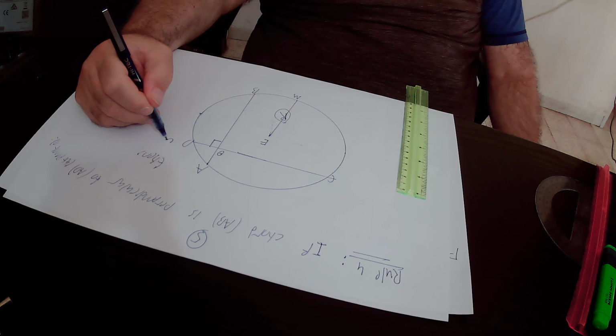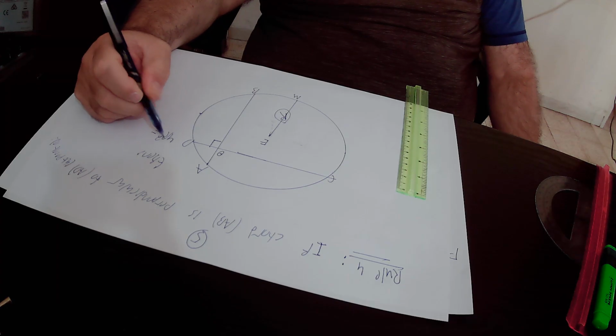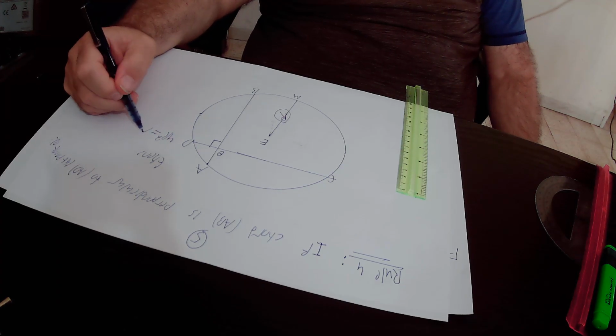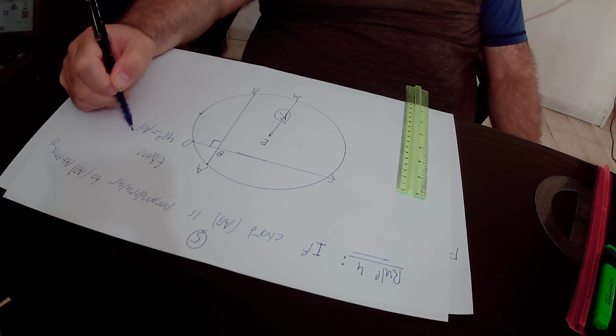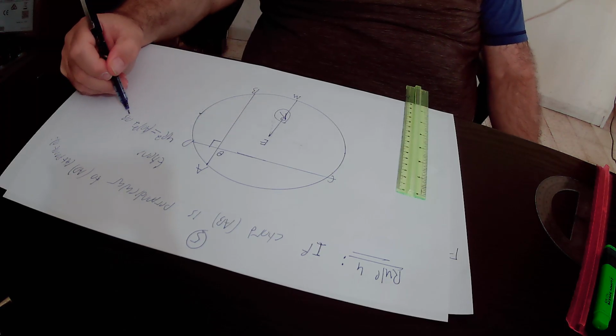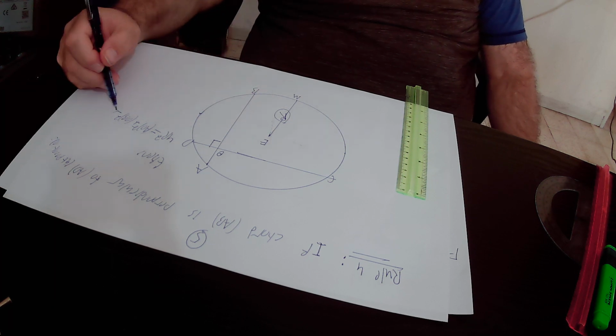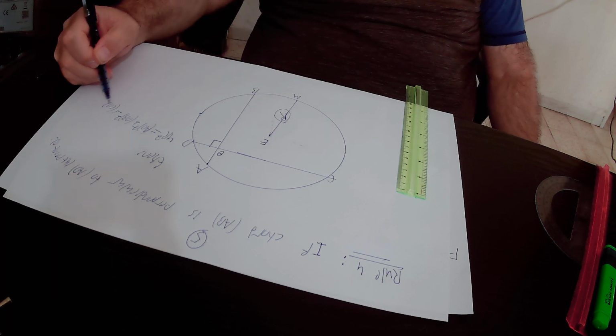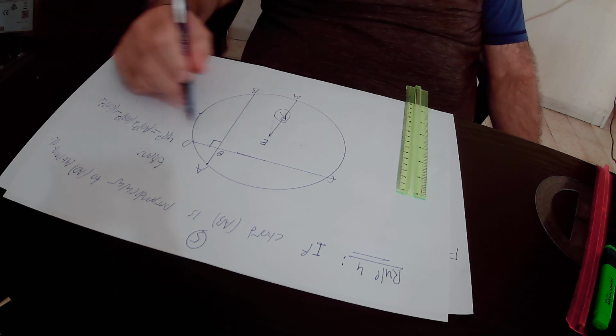4 times R squared equals AO squared plus OB squared plus CO squared plus OD squared.